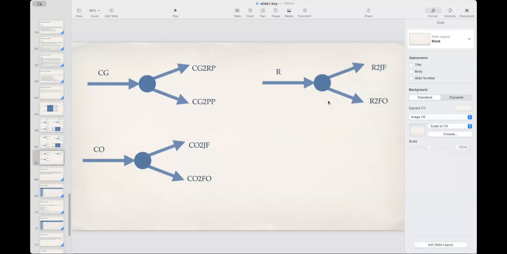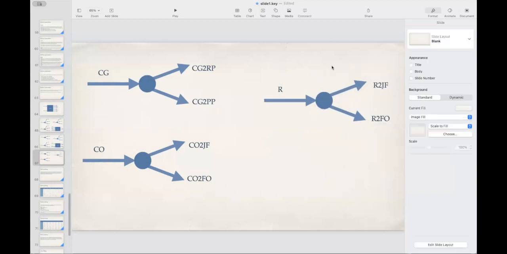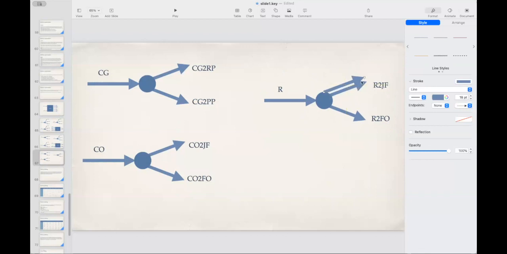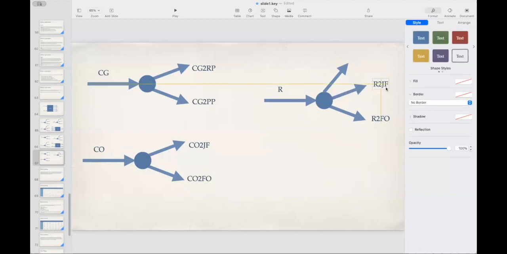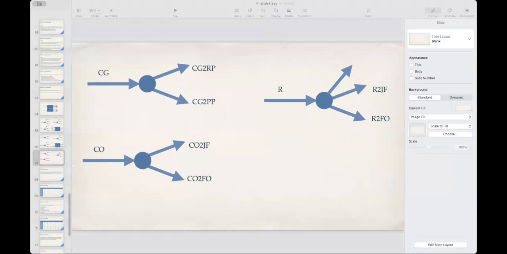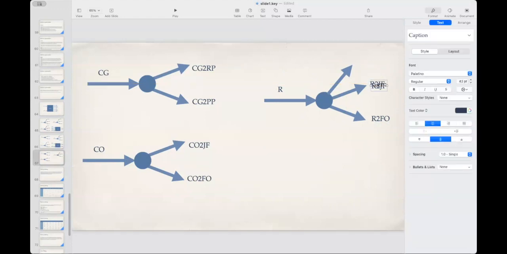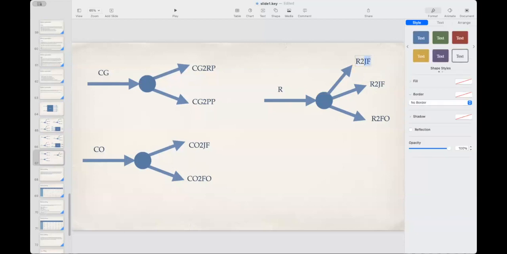And the other one, we need 3 streams for residue: R2L, to lube oil.